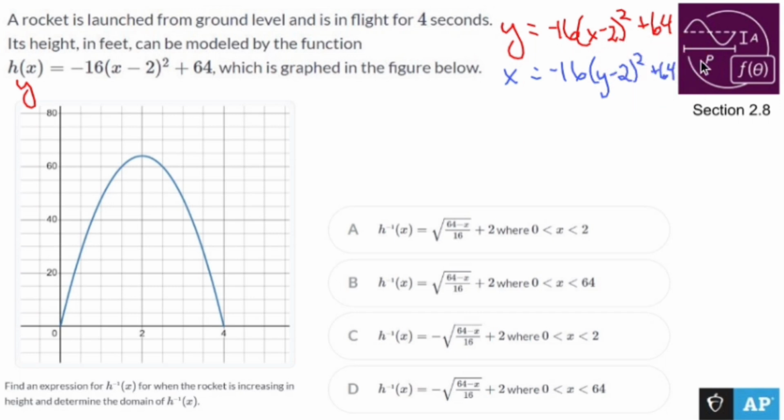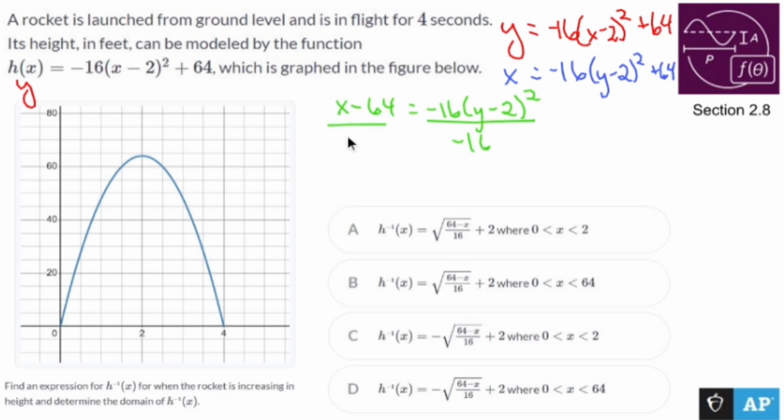What you're going to do is find your new y value. So I'm going to subtract 64 from both sides. So now what that will look like is x minus 64 on the left, I'm kind of being a little lazy here, equals negative 16 times (y minus 2) squared. Divide both sides by negative 16.